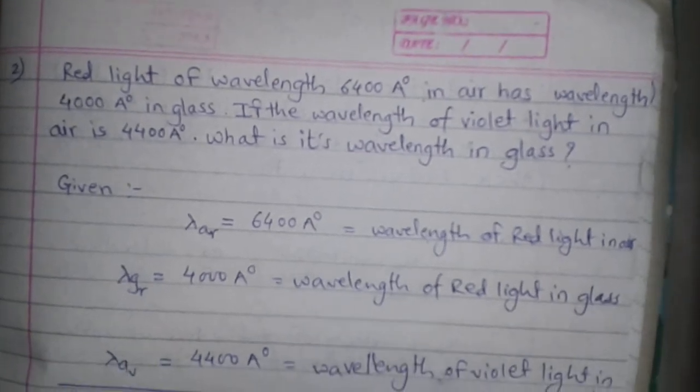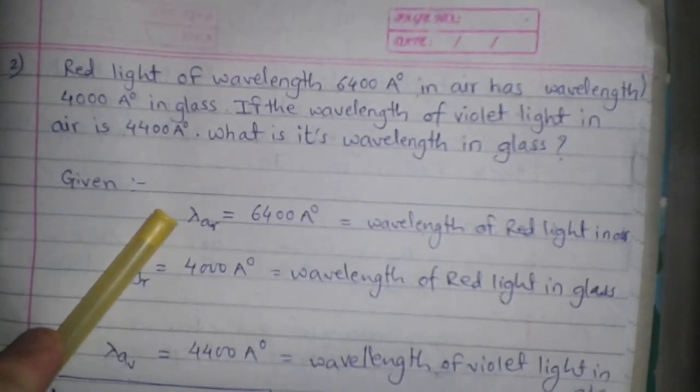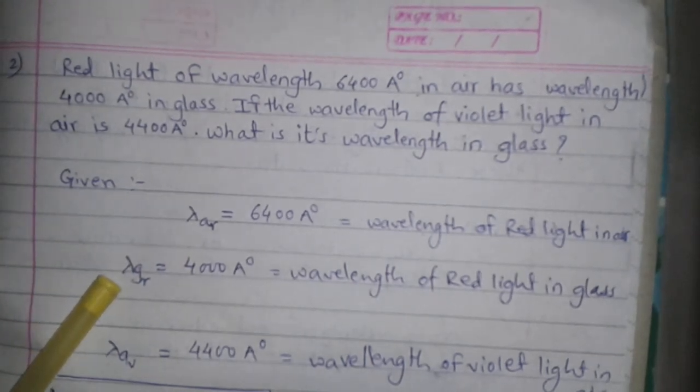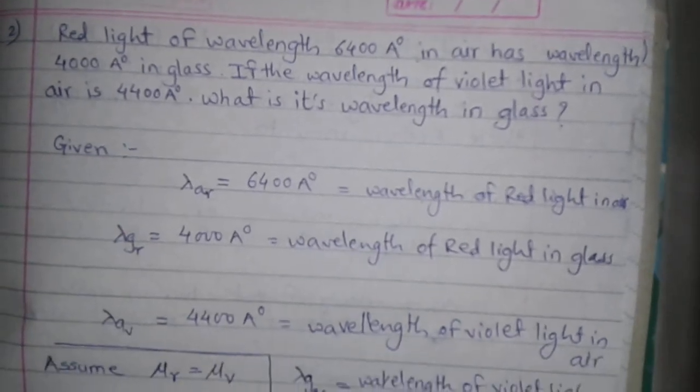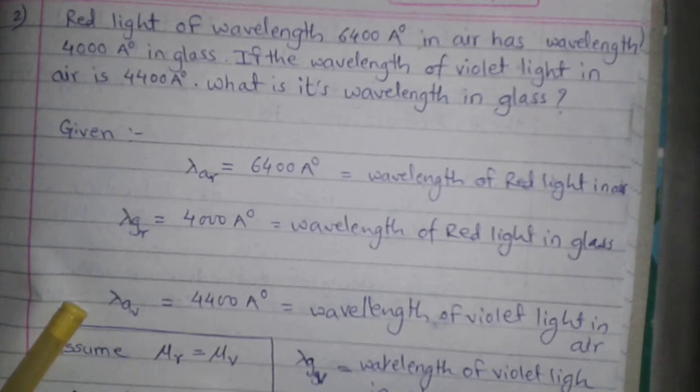glass? So the given is wavelength of red light in air, that is 6400 angstrom, and wavelength of red light in glass as 4000 angstrom. We have also given wavelength of violet light in air as 4400 angstrom.